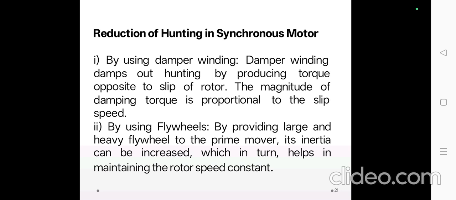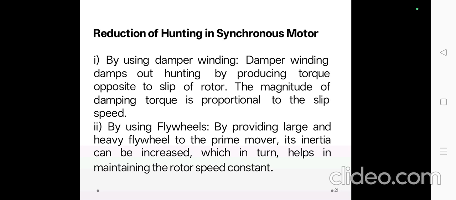Next one is the synchronous condenser. When a synchronous motor is overexcited, it takes leading power factor current. If the synchronous motor is at no load, where load angle delta will be very small, and it is overexcited, then the power factor angle increases almost up to 90 degrees and the motor runs with almost zero leading power factor condition.